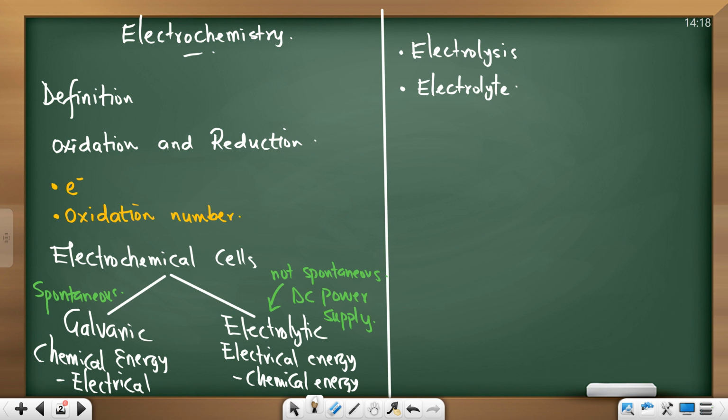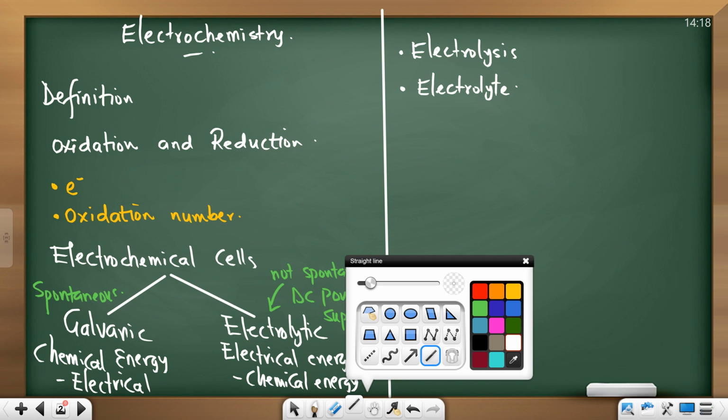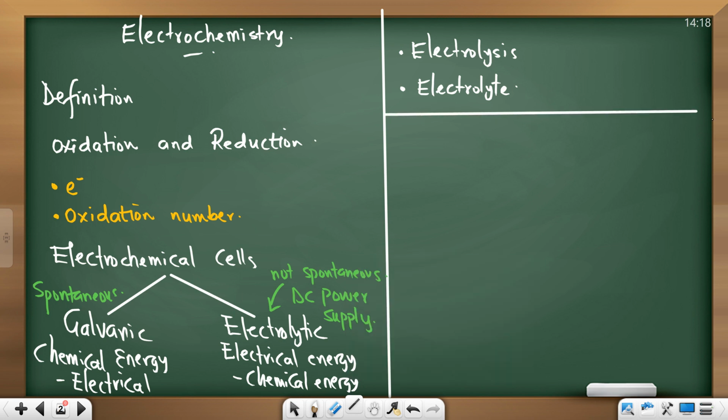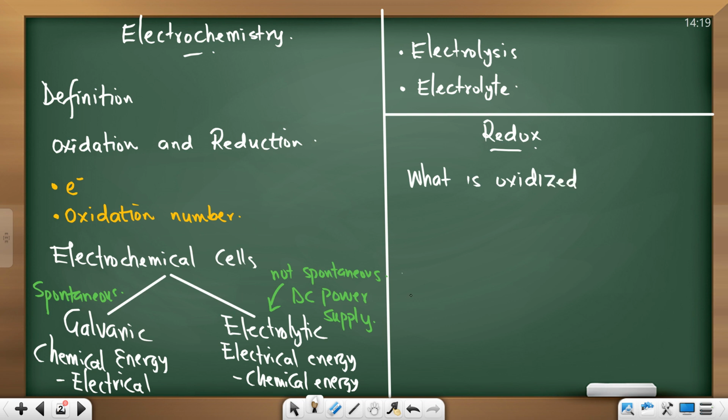Guys, in this topic, what is key in answering and understanding electrochemical reactions is to understand redox itself. And when I say redox, you need to understand what is oxidized and what is reduced. Okay.